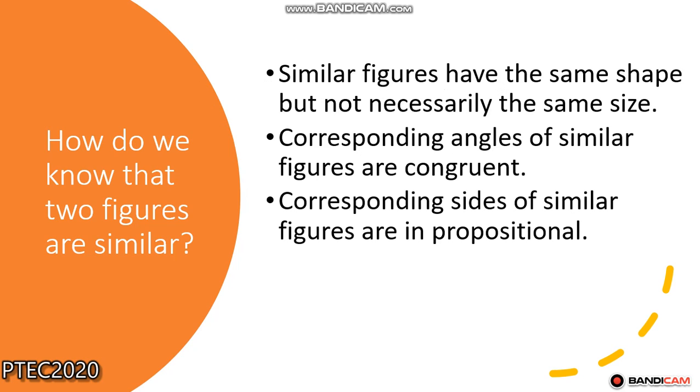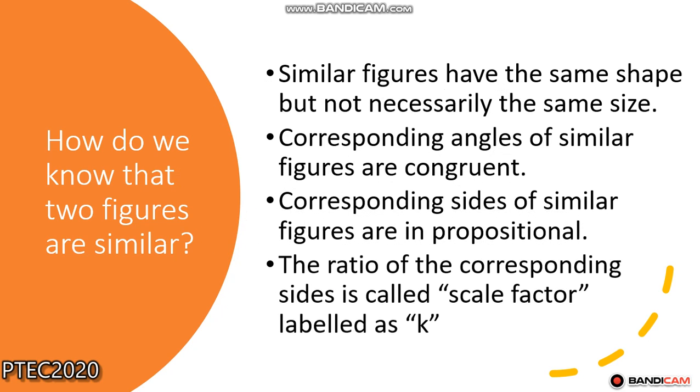What does it mean to be proportional? It means that the ratios of the corresponding sides are equal to each other, or equal to a constant number. When the ratios of the corresponding sides are equal to a constant number, that ratio is called the scale factor. Normally we label it as k, which means that k is the scale factor.